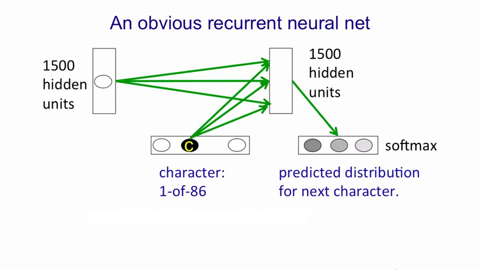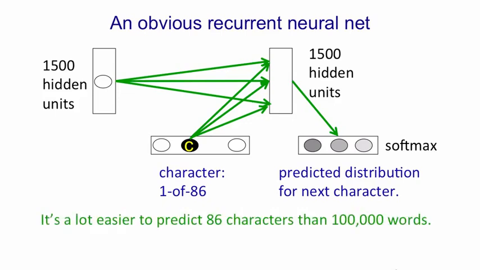We backpropagate that through the hidden to output connections, back through the hidden to character connections, and then back through the hidden to hidden connections, and so on all the way back till the beginning of the string. It's a lot easier to predict 86 characters than 100,000 words, so it's easy to use a softmax at the output. We don't have the problem of a great big softmax.